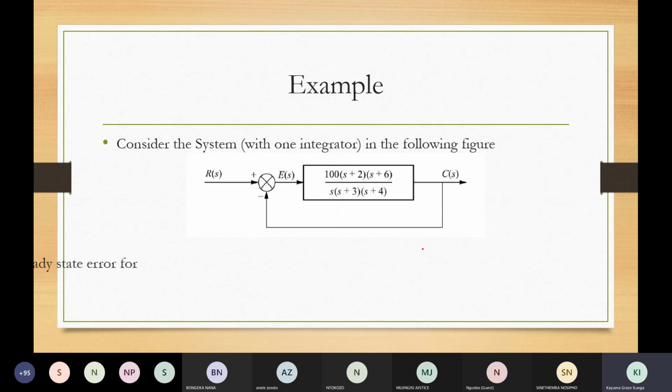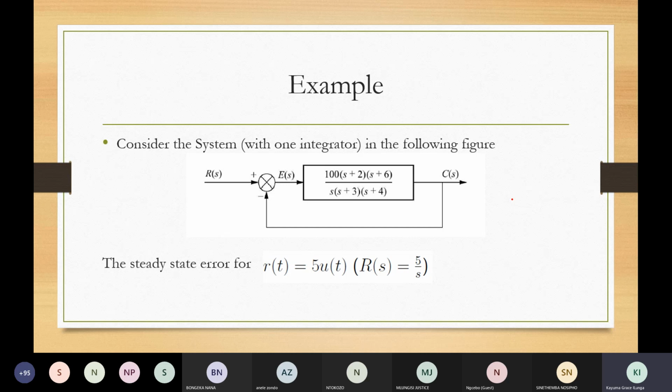Let's now see another example with one integrator, which is the s there. So it means that n is equal to 1. Now let's apply 5 over s as the input, which is our step input.